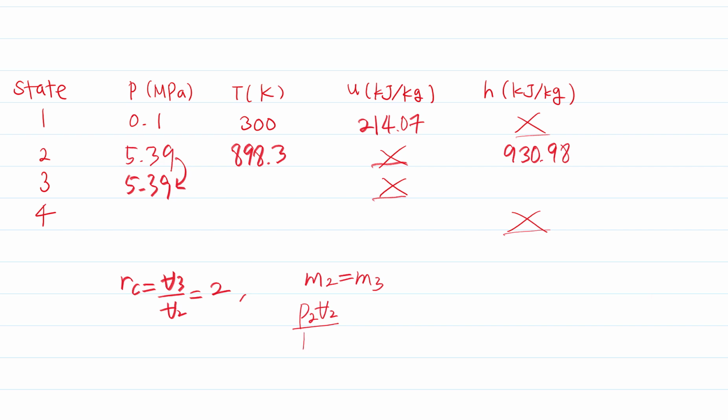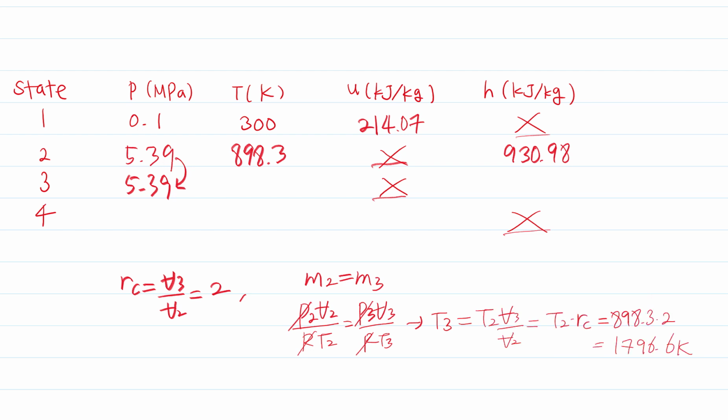Using the ideal gas law, it's a constant pressure process, P2 equals P3, and R cancels out. V3 over V2 is the cutoff ratio. So T3 is 1796.6 Kelvin. For air, the enthalpy is a function of temperature only. At state 3, we know the temperature, so we can determine the enthalpy at state 3.